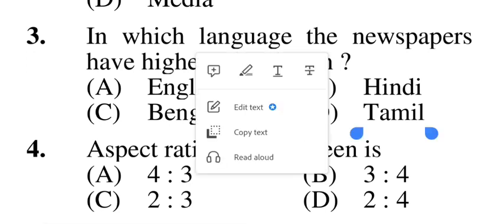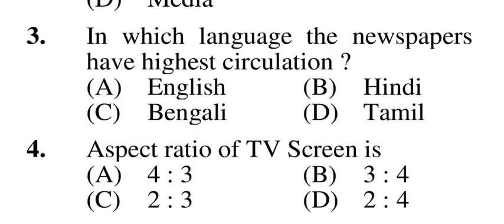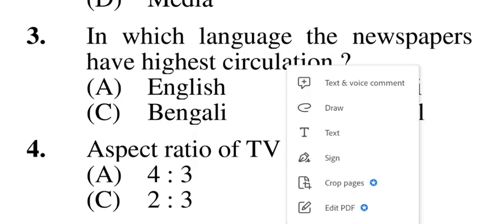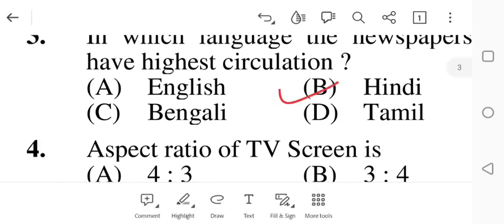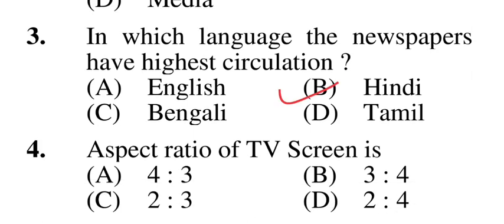Since our country has a very high number of Hindi speaking people, you can take it as Hindi through your own knowledge. Hindi language newspapers have the highest circulation in India.